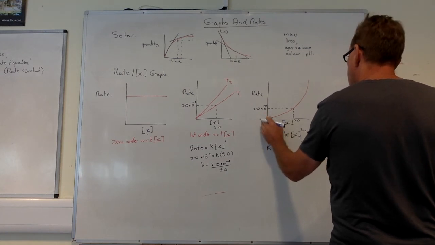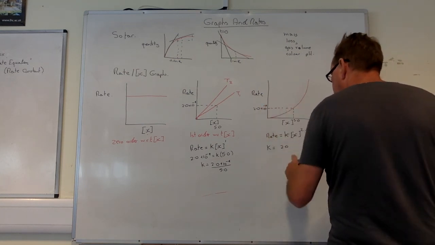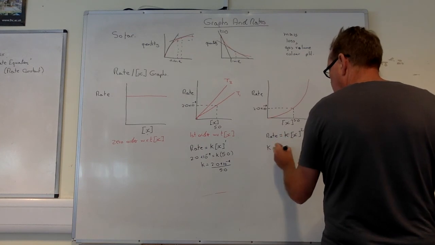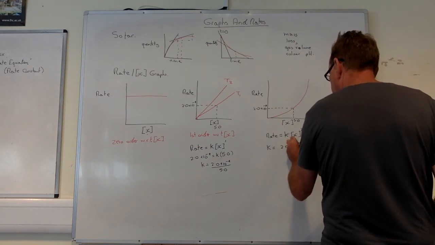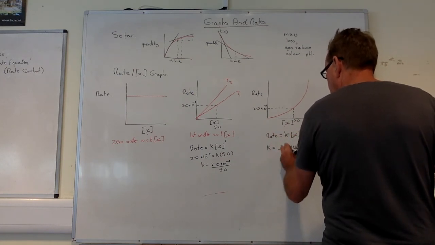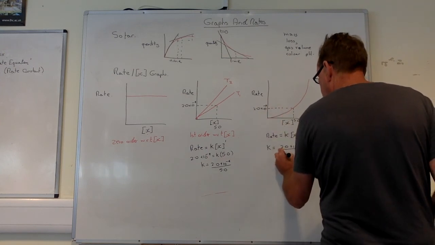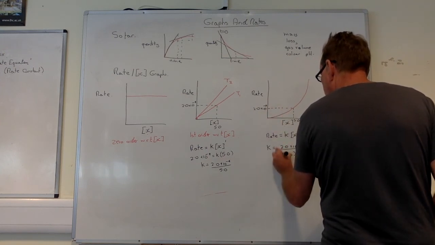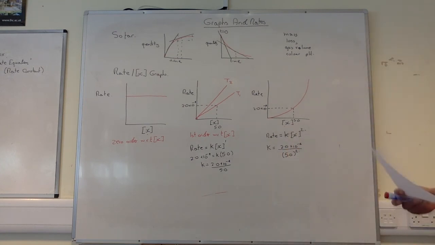Anyway, you can do this any way you like on here. So shove the numbers in. K is equal to the rate, 2 times 10 to the minus 4, divided by concentration at that particular rate, 5 squared. So you can work out the rate constant based on a graph like that.